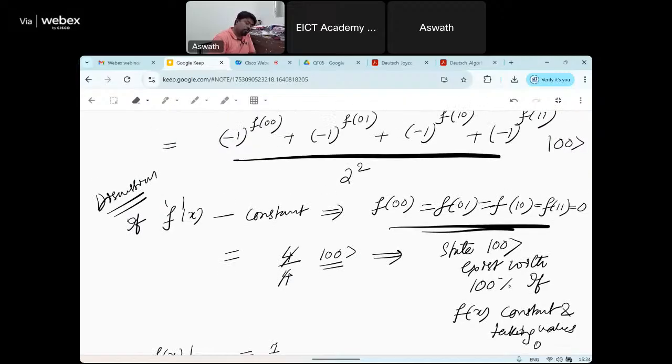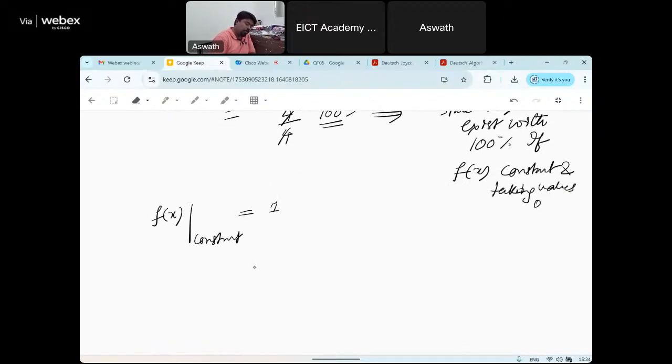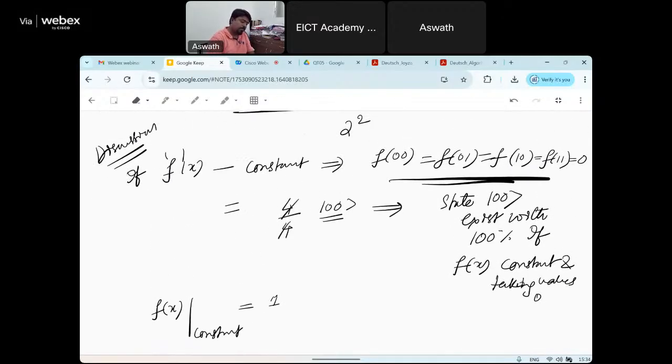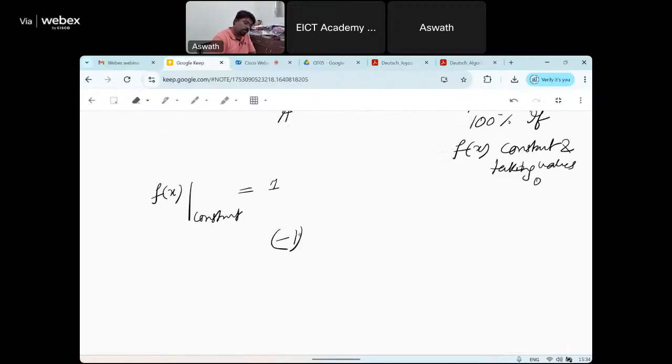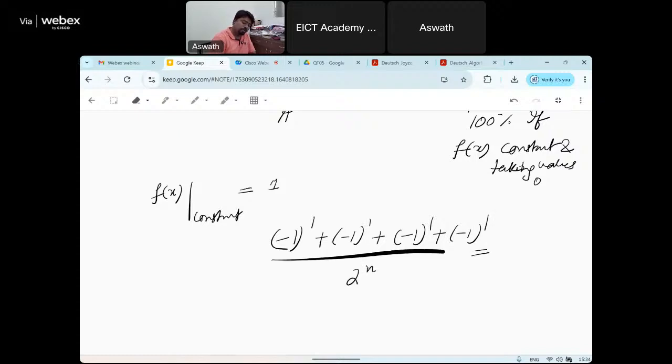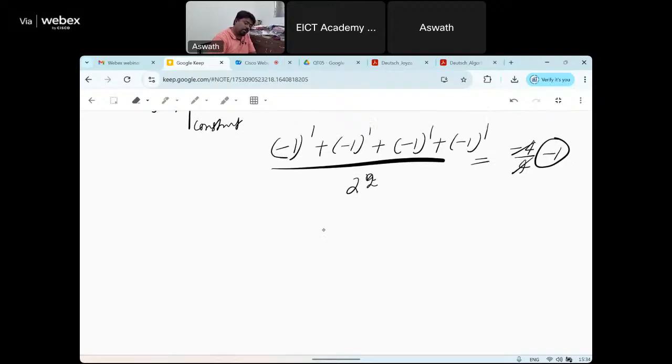Now this amplitude would be minus 1 to the power of 1 plus minus 1 to the power of 1 plus minus 1 to the power of 1 plus minus 1 to the power of 1, divided by 2 to the power of n, which means 2 to the power of 2. So that is minus 4 by 4, so minus 1. The amplitude of z 0 0 is minus 1.